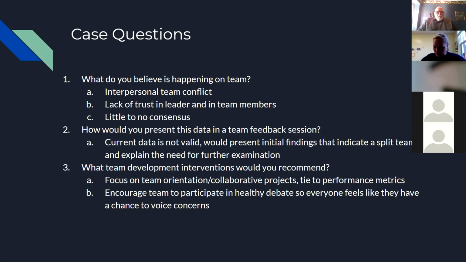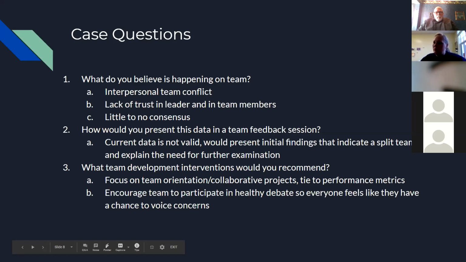And that's how he would respond to what's happening, that interpersonal team conflict, a lack of trust if you're not in that inner circle. And then it led to very little consensus on the quantitative side of things, and then a lot more was revealed qualitatively. So in presenting this to the team, we would want to be transparent.